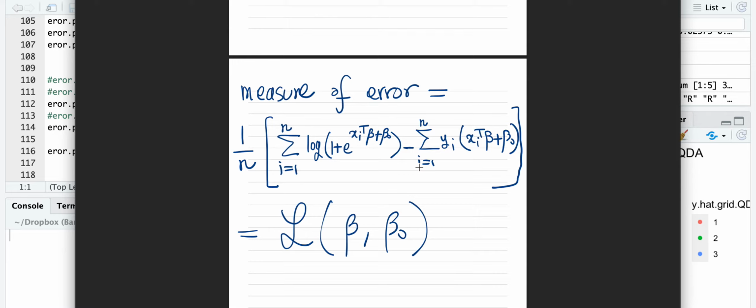What matters is that this loss function L depends on beta, the coefficient vector, and the intercept, beta 0.